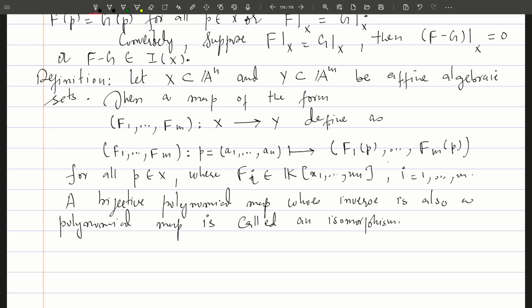So if this map turns out to be a bijective polynomial map whose inverse is also of the same kind, then we say X and Y are isomorphic algebraic sets.